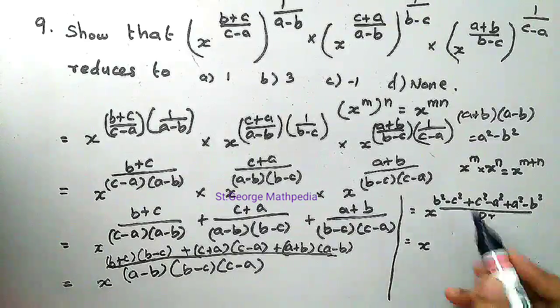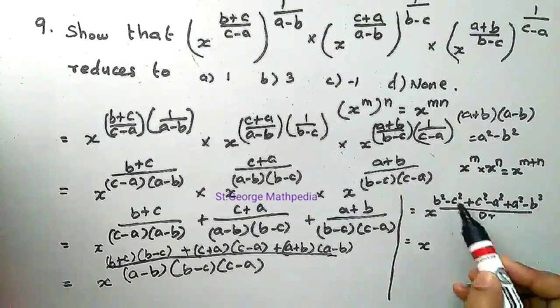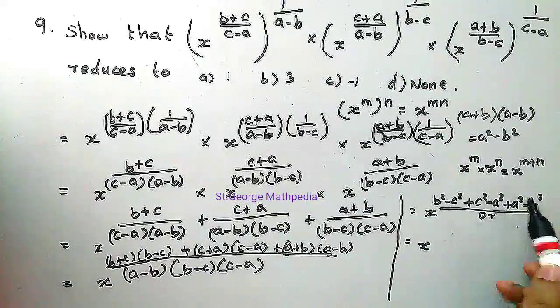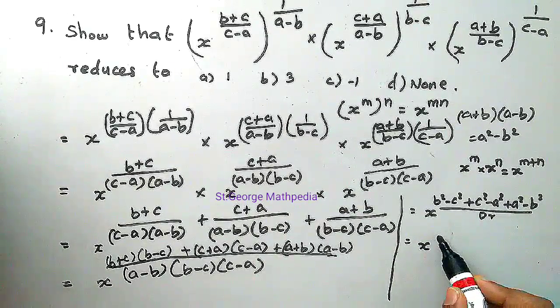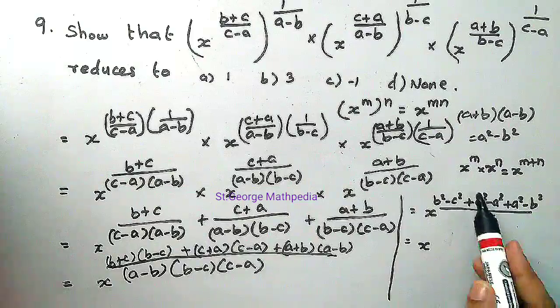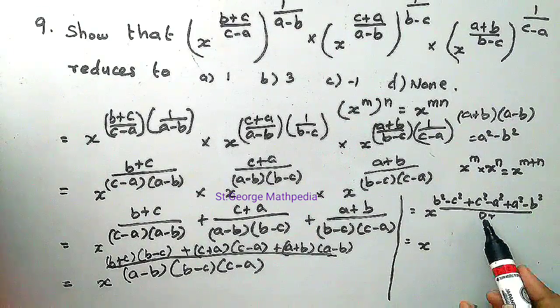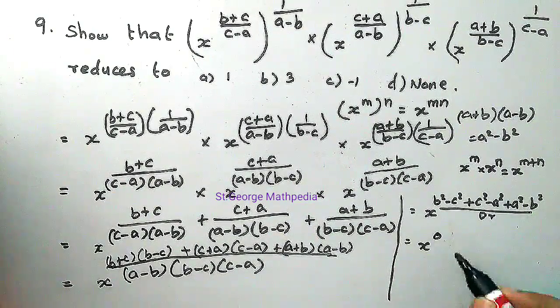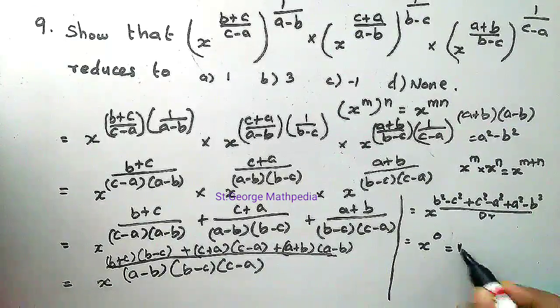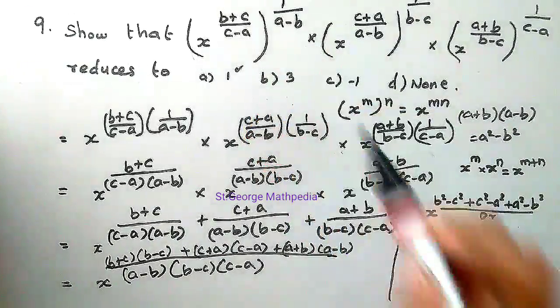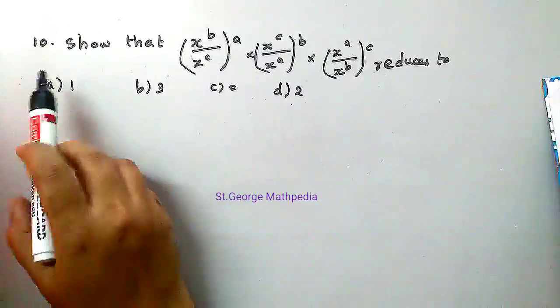So b^2 gets cancelled, c^2 gets cancelled, and a^2 gets cancelled. Therefore your answer will be x to the power 0 by the denominator value, so that is 0. Any number to the power 0 is 1. So your answer will be 1.